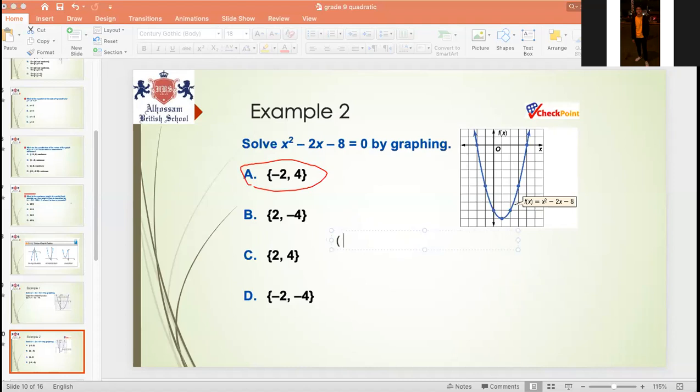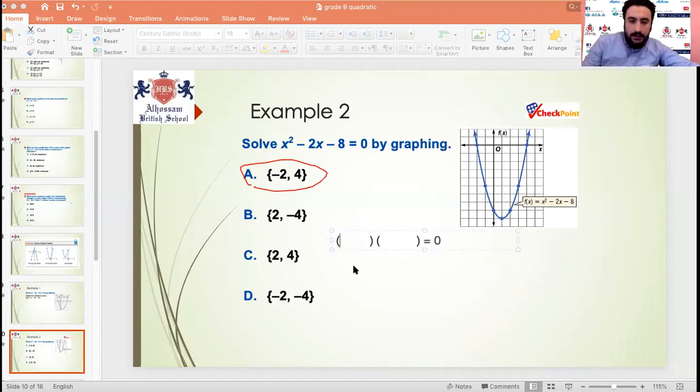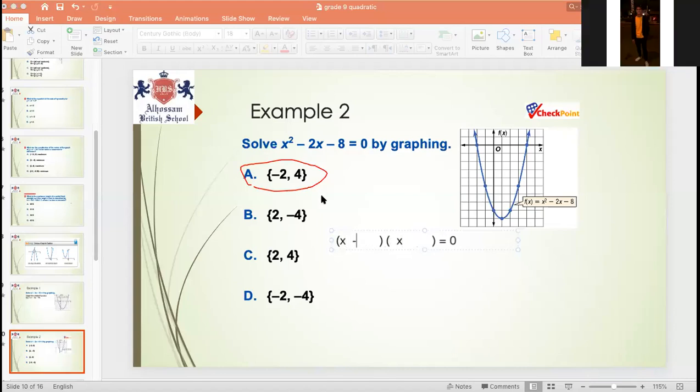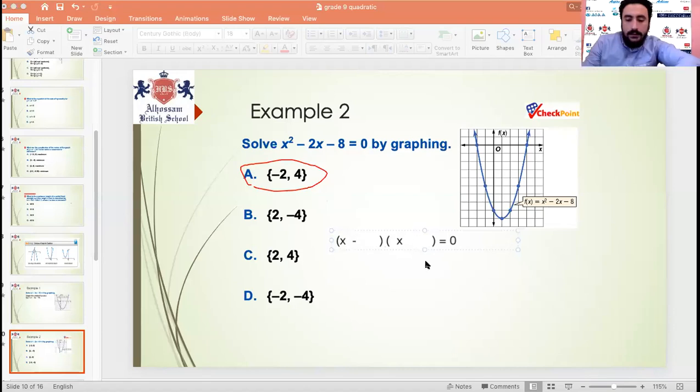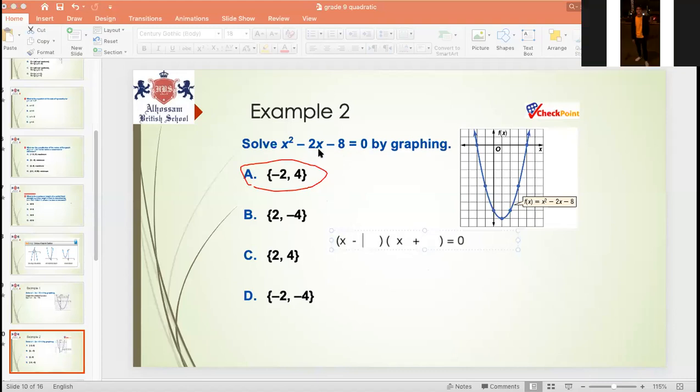Okay. Right. 2 brackets. X and X. Yes, 2 brackets, and here X, and I'm going to put here X, then positive and negative, negative, positive and negative. And here one positive. Here 8 and 2 numbers. 2 and 4.